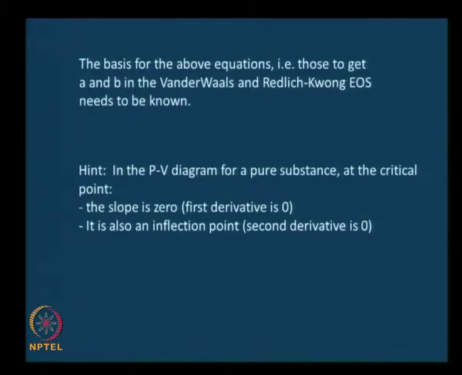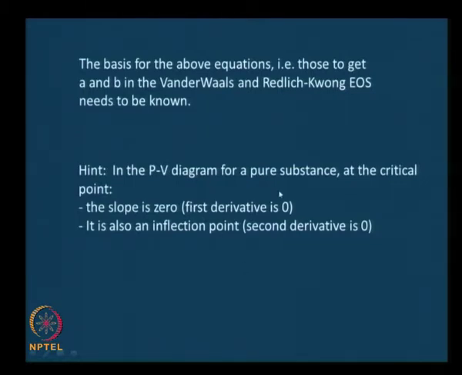It is the derivative of P with respect to V, dP/dV, that is actually 0. Therefore, you could put dP/dV equals 0, and also it is an inflection point, the slope changes from one direction to the other exactly at that point, and that gives you another nice mathematical condition, which is d squared P by dV squared equals 0.